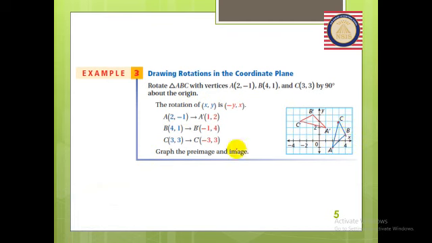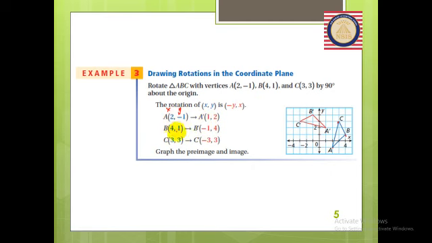Then rotate by 90 degrees about the origin. So what's my rule? Negative y and x. For A, negative y, negative 1 is 1, and x is 2. Very good. So this is the image.